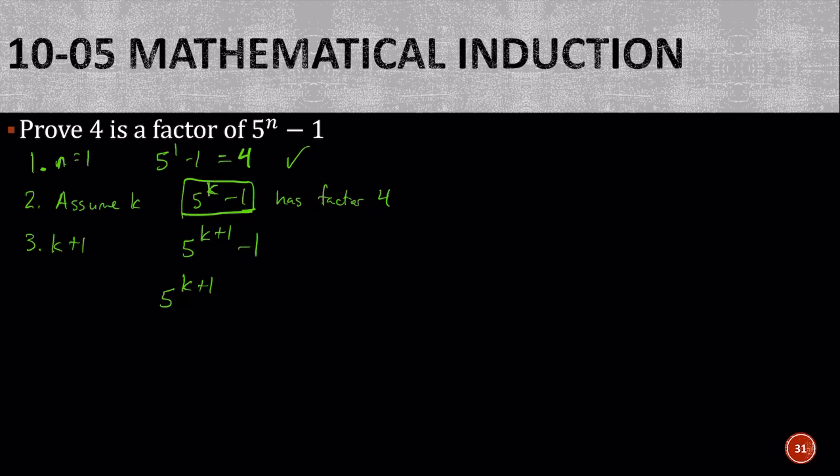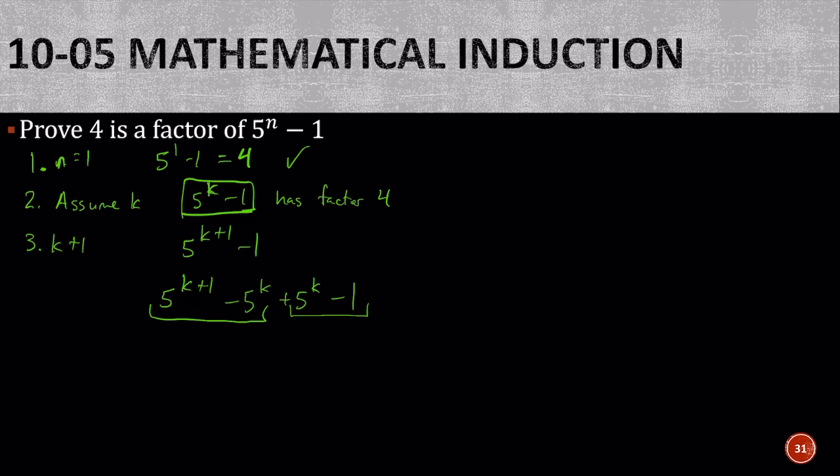So I'm going to subtract 5 to the k and add 5 to the k. So if I add and subtract the same thing, I added nothing. Just changed the way it looked. All right, so now I have the assumption. Now we just need to take the other part and show that 4 is a factor of that.